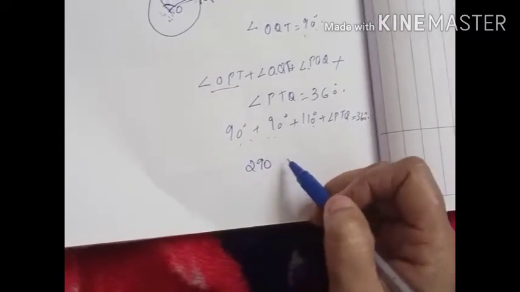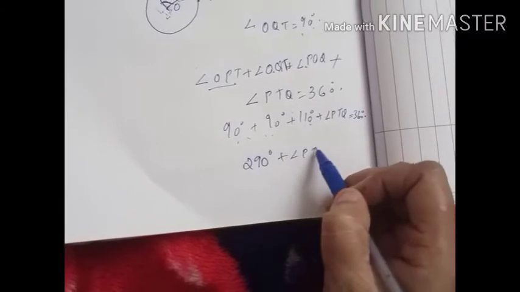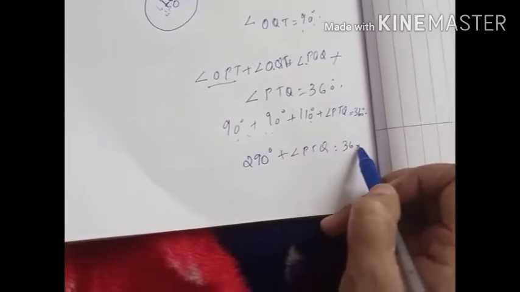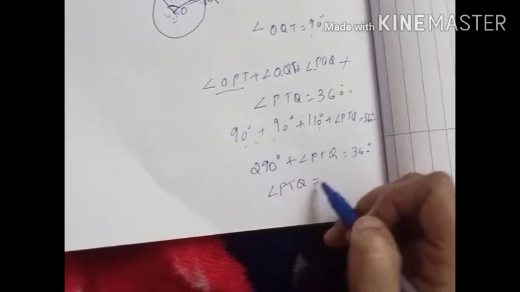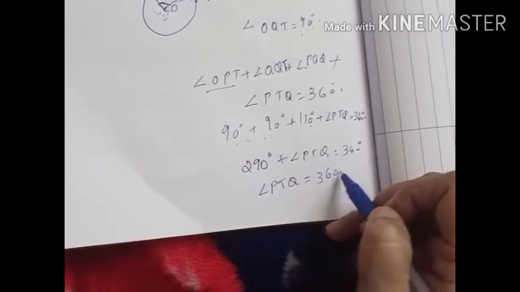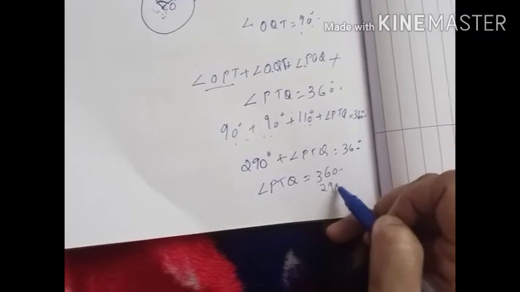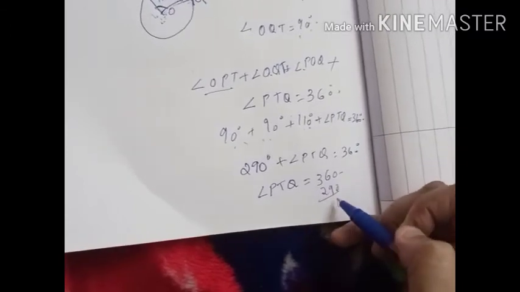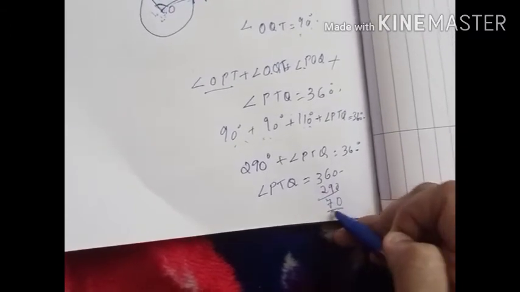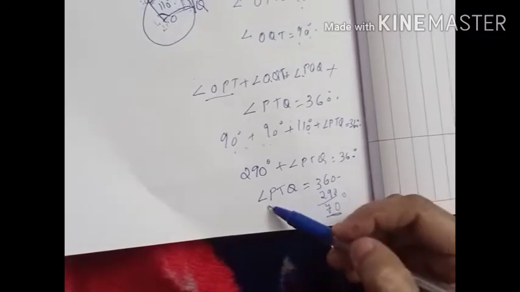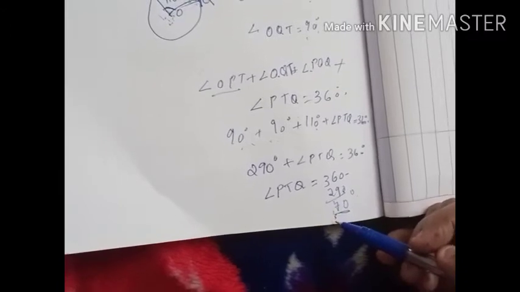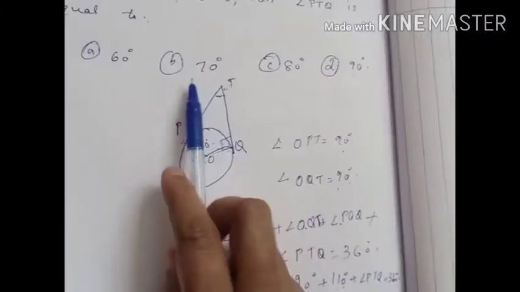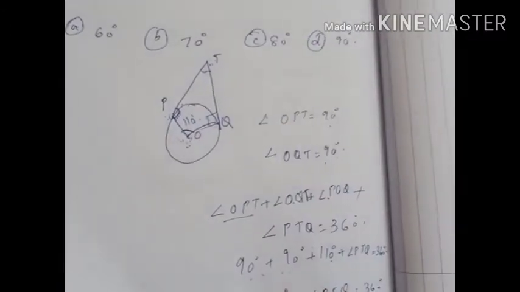So 290 degree plus angle PTQ equal 360 degree. Then transpose 290 and get the value of PTQ as 360 minus 290. That is equal 70 degree. So angle PTQ equals 70 degree. So the correct option is option B. Option B is the correct answer.